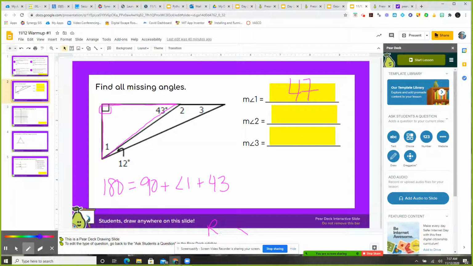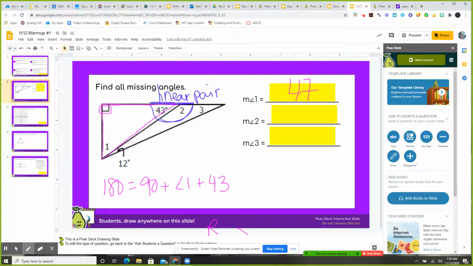What about the next angle? What do you find next? 2 or 3? It's the only one you can find. What do you find next? 2. So the 43 and the 2 make a linear pair. Throwback to a lot of vocabulary ago.